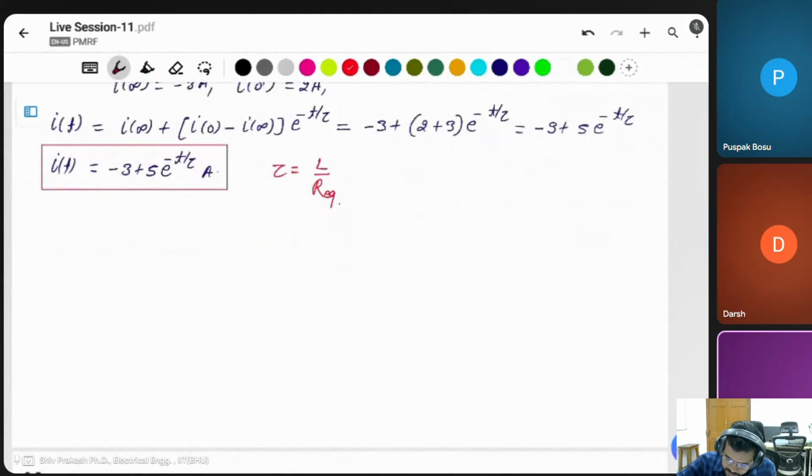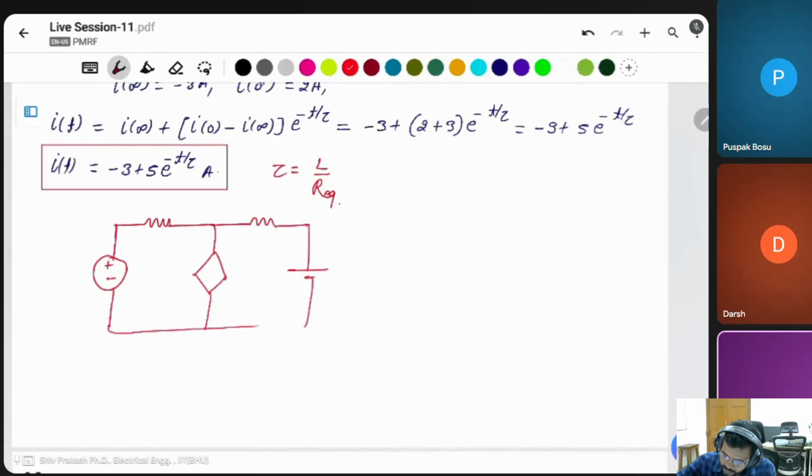Then what is the circuit? This is voltage, this is current, 3 ohm, 6 ohm, this is 18 volt plus minus, 2Ix, and this is the Ix. Okay, this current is I.